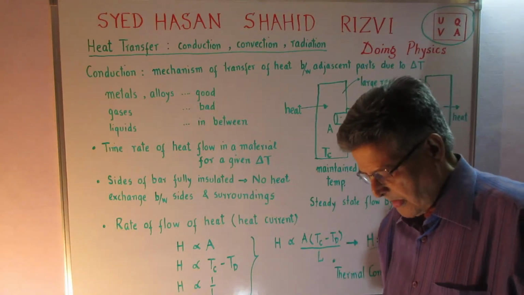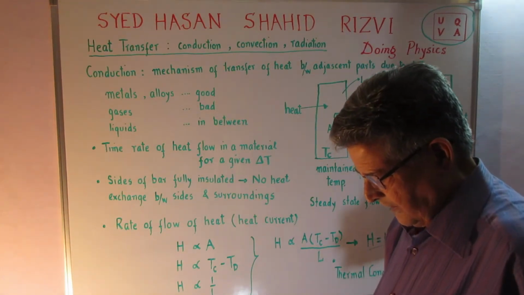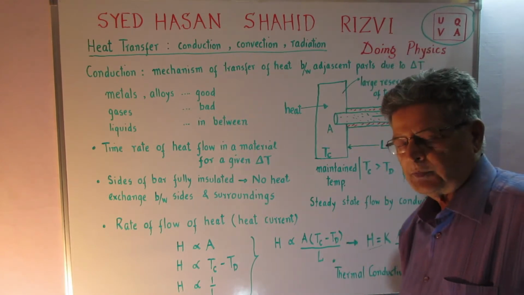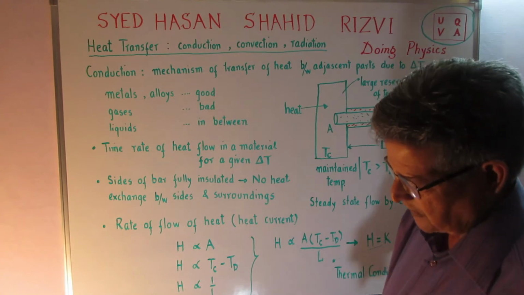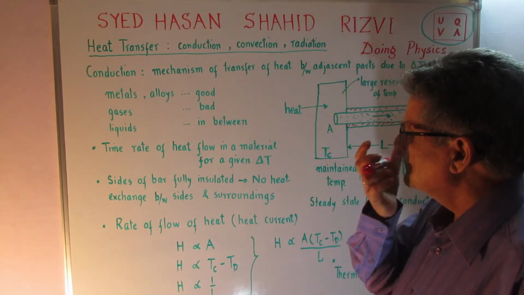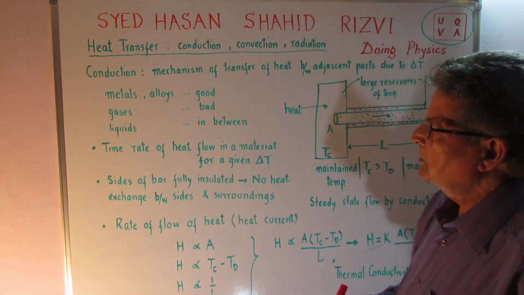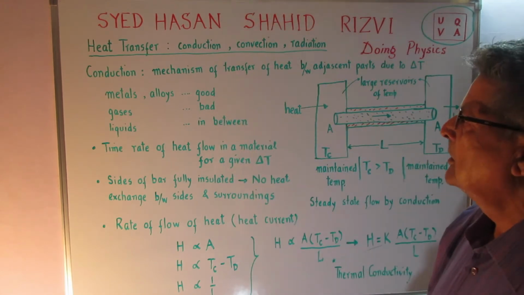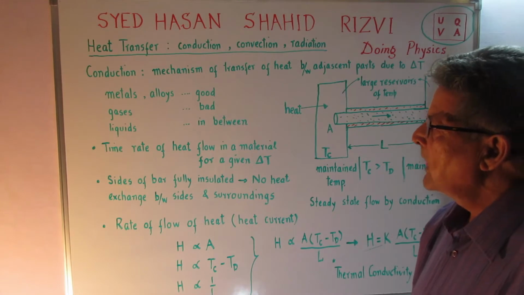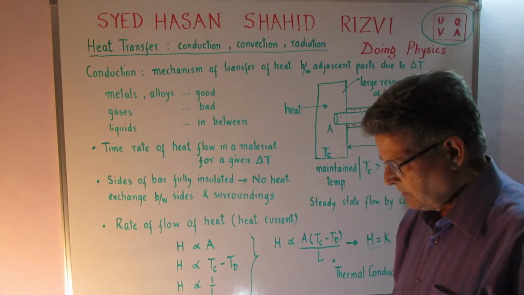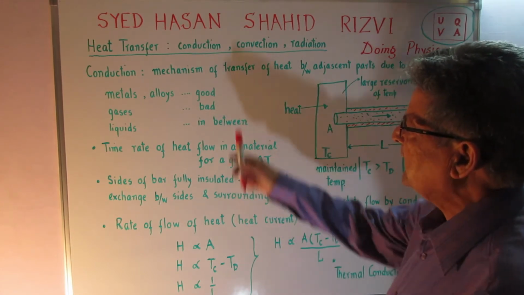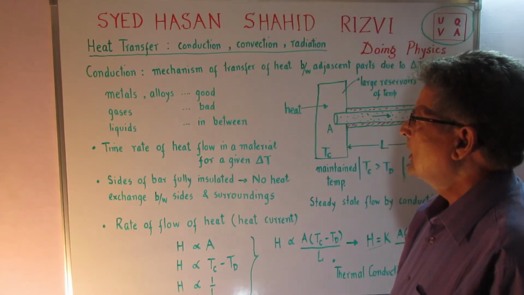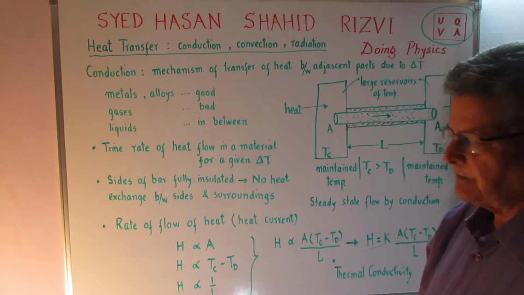So friends, today we'll deal with one of the very interesting things which has been responsible for lots and lots of research, because heat transfer has been a subject of much importance. Heat transfer takes place through three different mechanisms: conduction, convection and radiation.